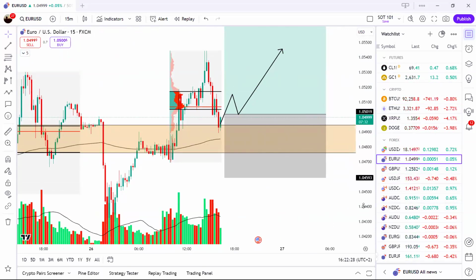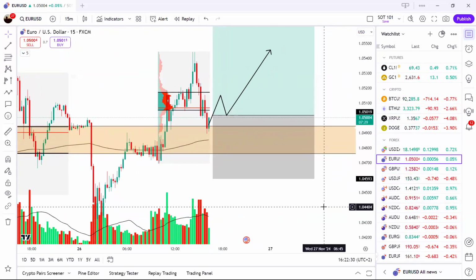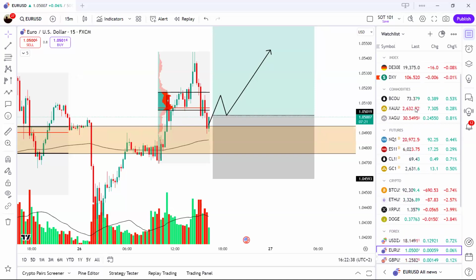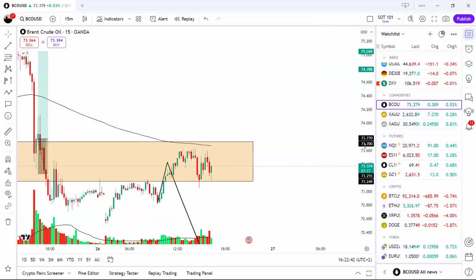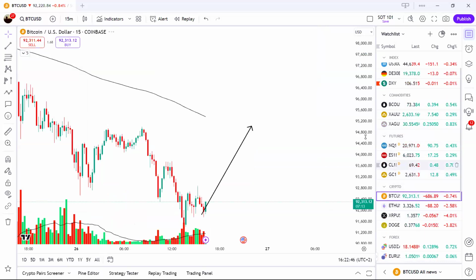I am going to start to look at Forex a bit more again. I'm having a bit of an uphill battle with commodities and also cryptocurrencies.